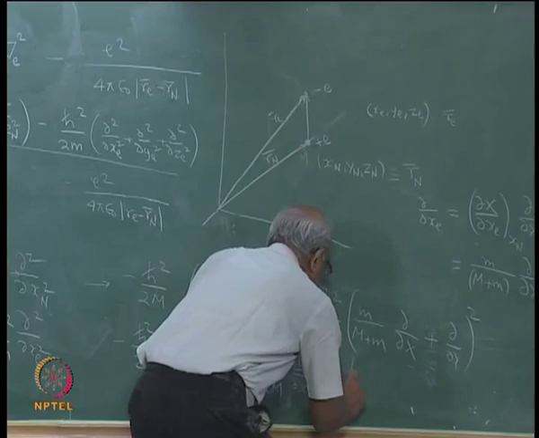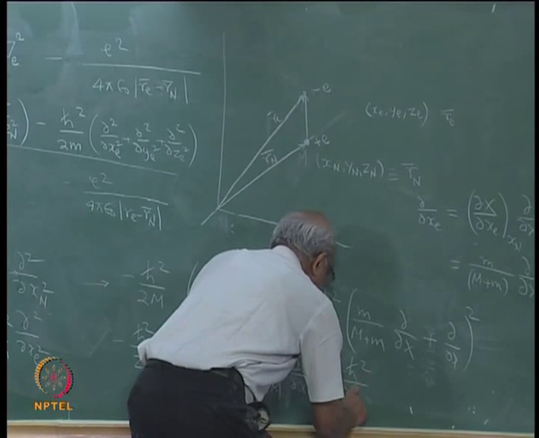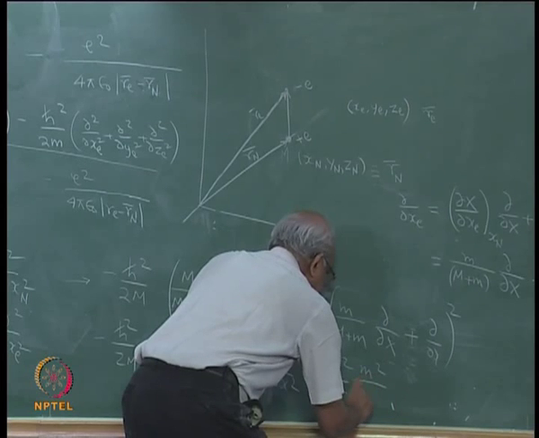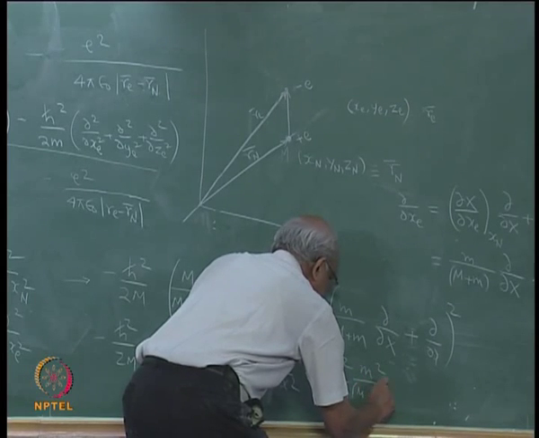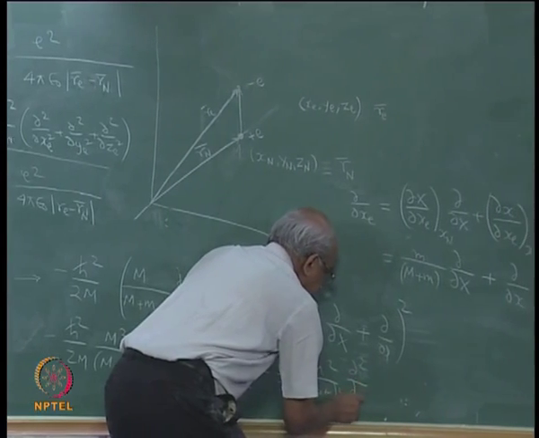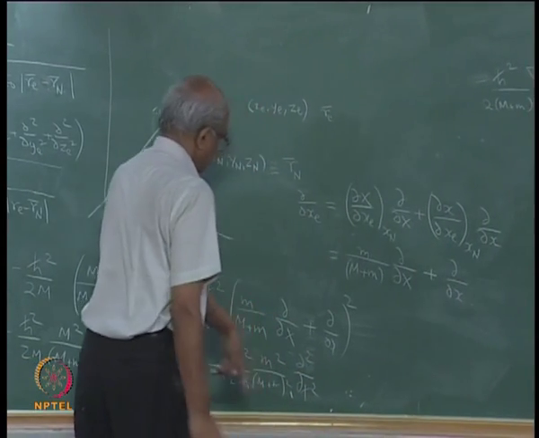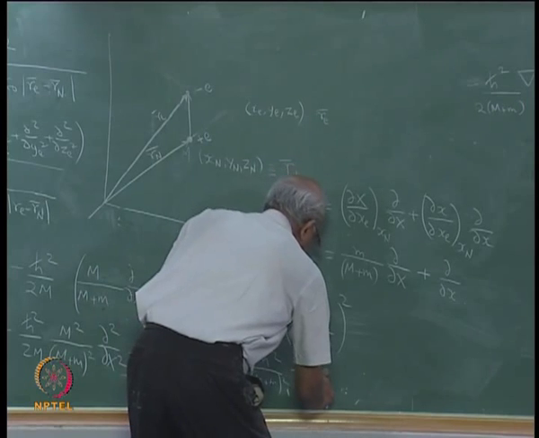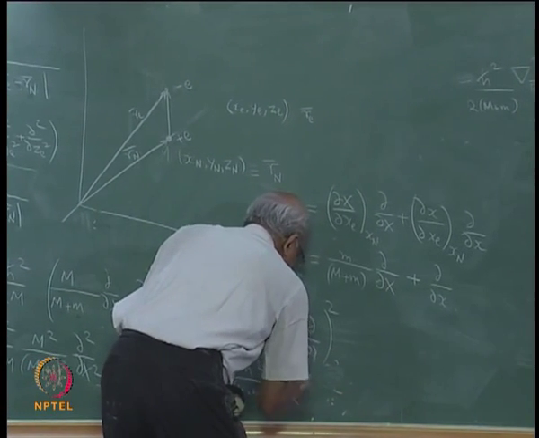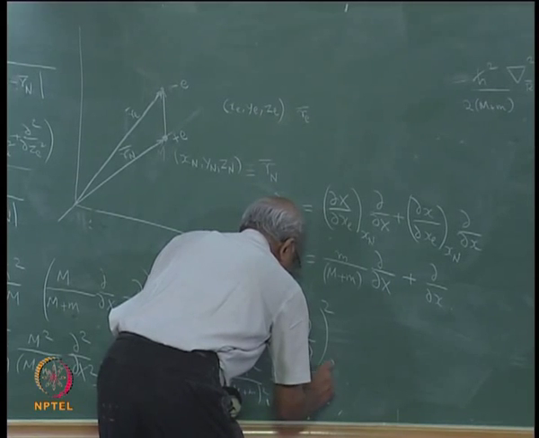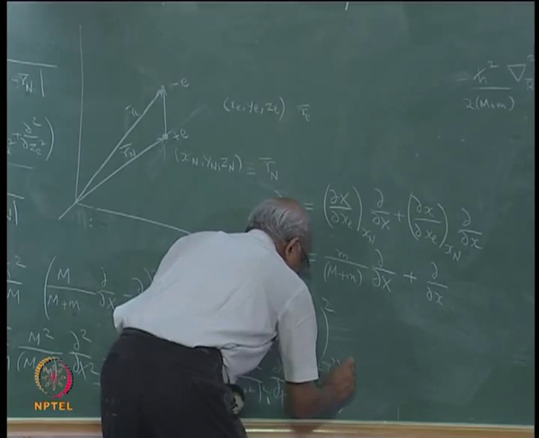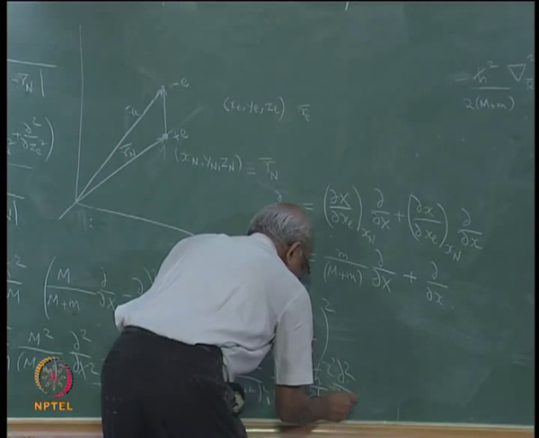From here you will get minus ħ² by 2m, m² divided by (M + m) the whole square, ∂² upon ∂x², plus the last term will be minus ħ² divided by 2m, ∂² upon ∂x².